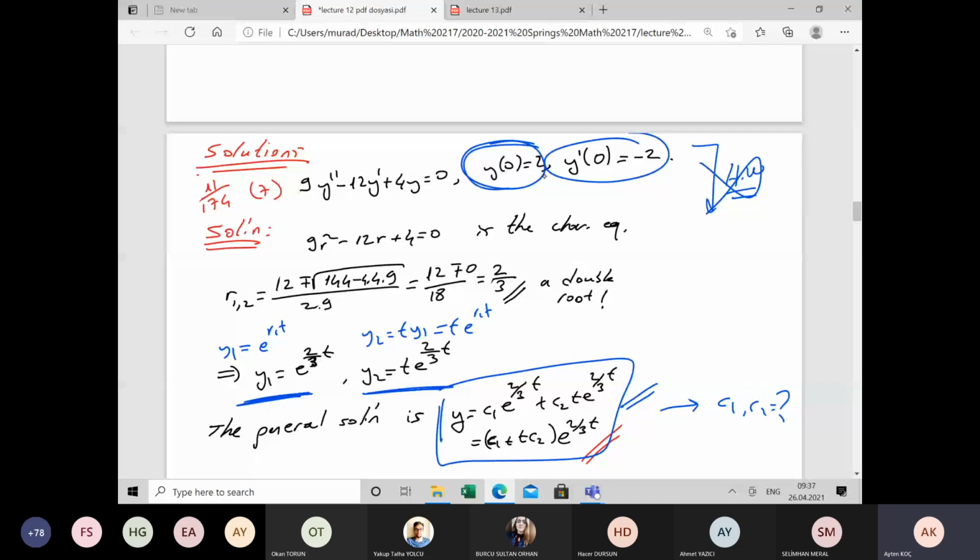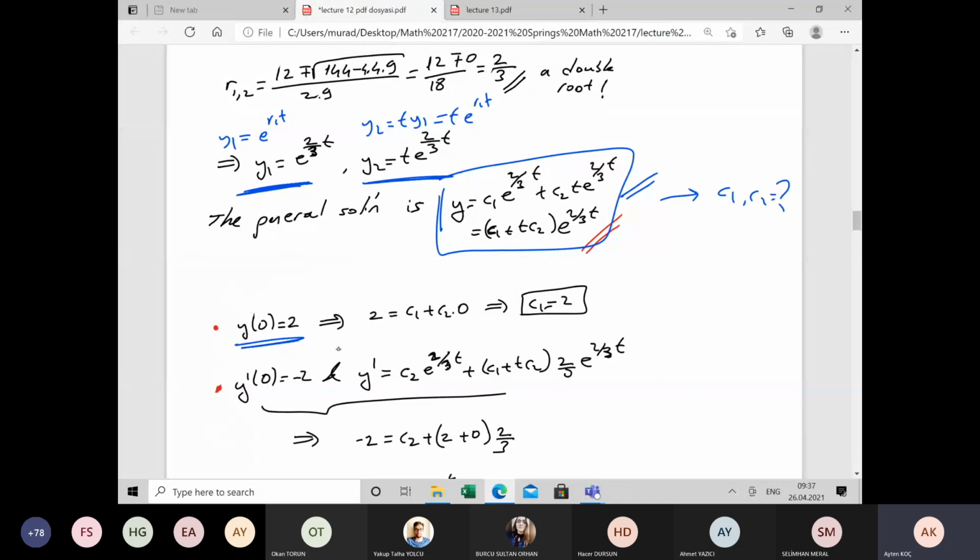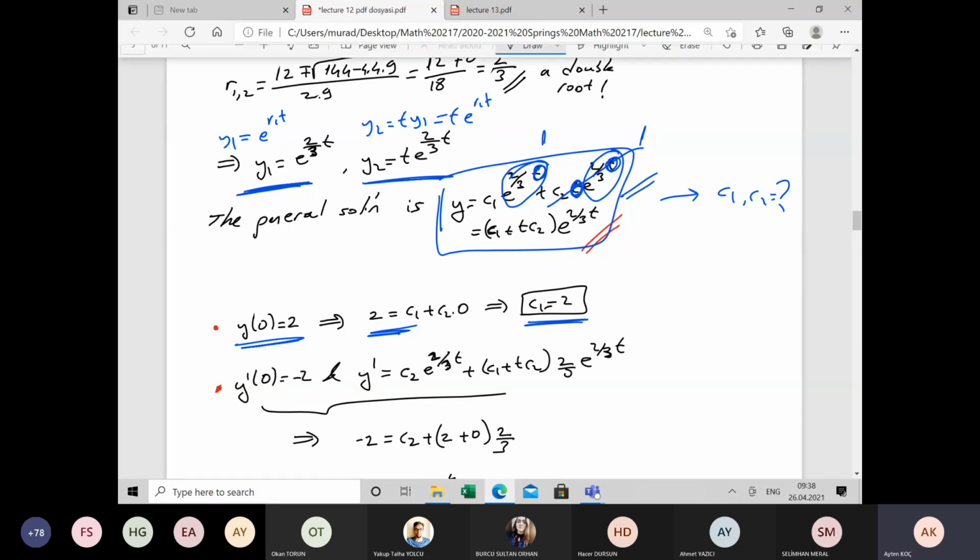Substitute t equals 0. Then e to the 0 is 1, and since t is 0 in the other term, we obtain only c1. So c1 is 2.